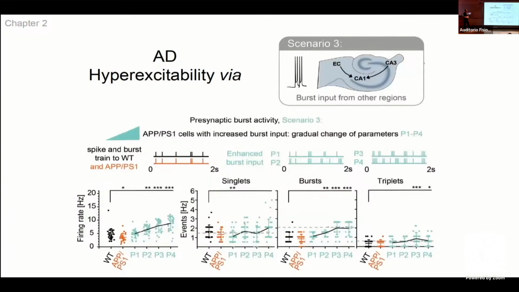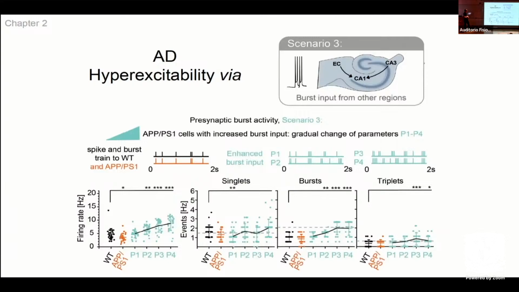And the third scenario that we identified is to look at the network. So you have input from the entorhinal cortex and from CA3 to CA1, where we are with these pyramidal cells. And if these are already infected with this bursty behavior of Alzheimer's cells, they can infect the CA1 area.